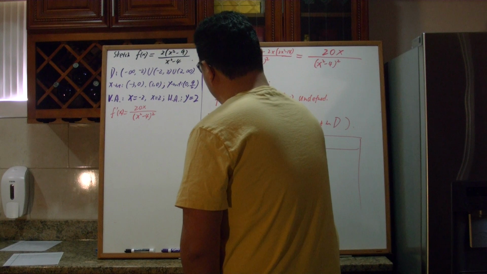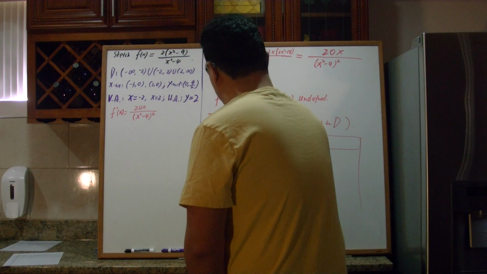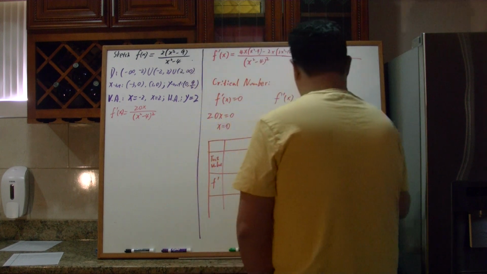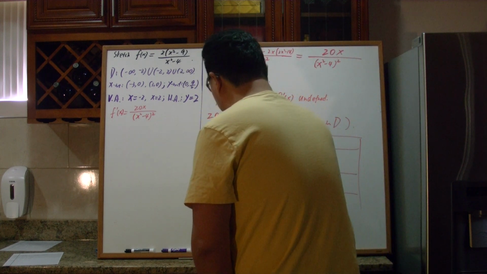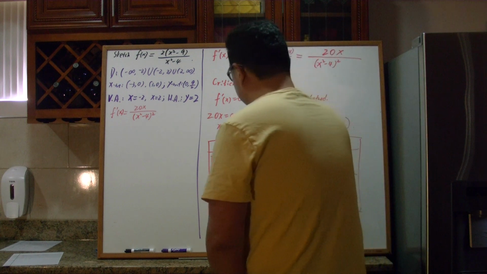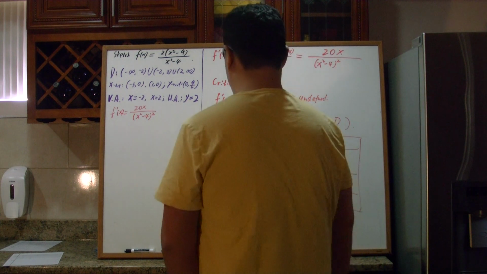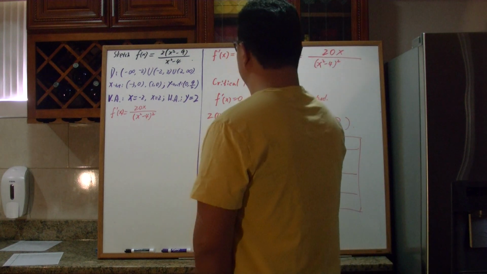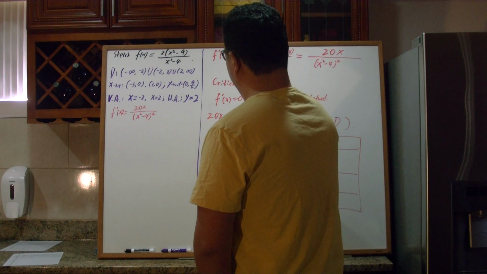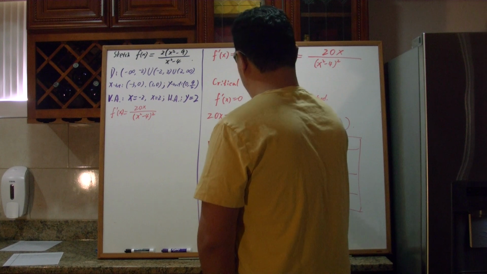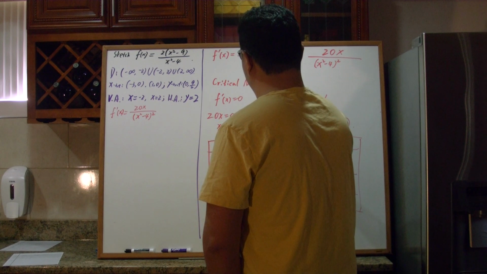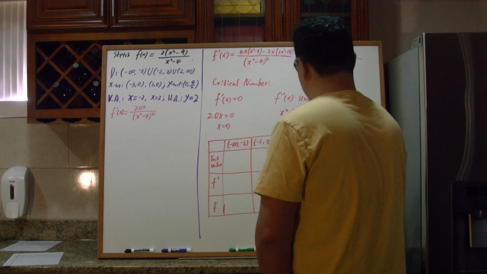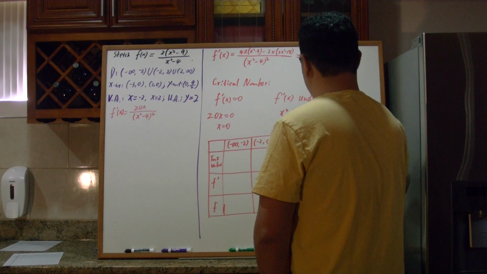Interval, test value, for the sign of f prime and for the shape of our f. That is negative infinity to negative 2, negative 2 to 0, 0 to 2, and 2 to infinity, four pieces.